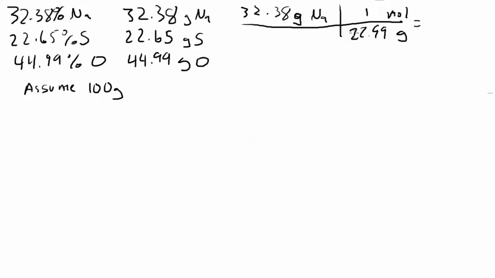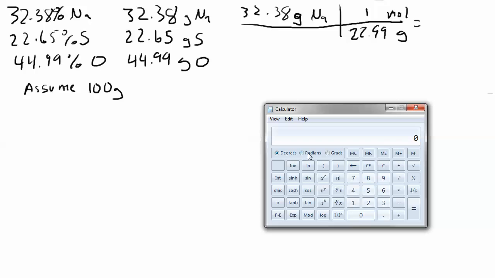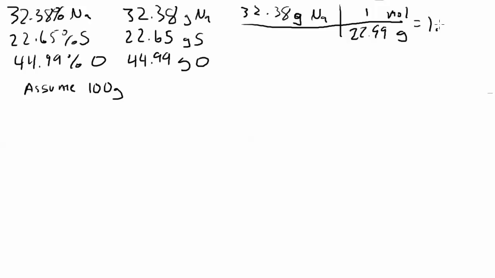Let me grab the calculator real fast. 32.38 divided by 22.99. We want 4 sig figs, so 1.408 is what we're going to use. So 1.408 moles of sodium. And then you do the same thing. You convert the other two to moles as well.